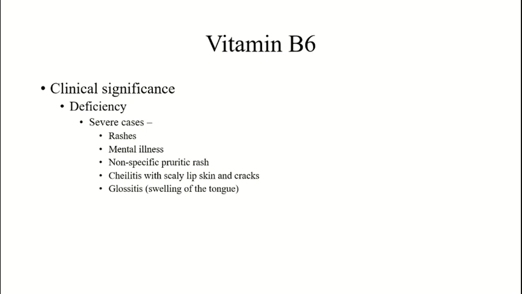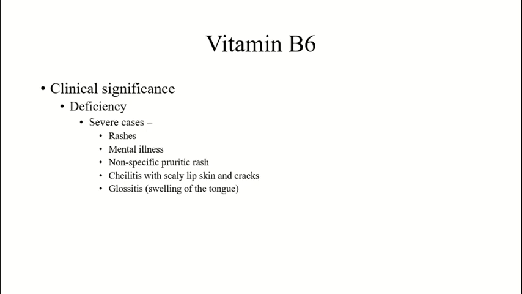Severely deficient adults commonly present with rashes and mental status changes. Additional clinical findings of deficiency may include normocytic anemia, a non-specific pruritic rash, cheilitis with scaly lip skin and cracks in the corner of the mouth, glossitis or swelling of the tongue. Now, depression is associated with a severe B6 deficiency as well.